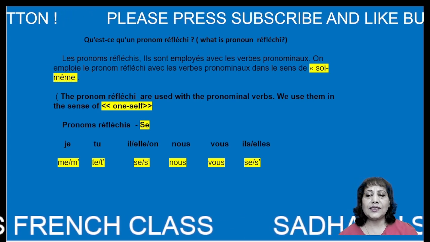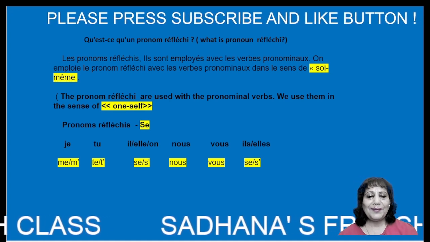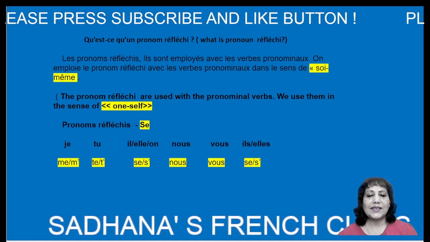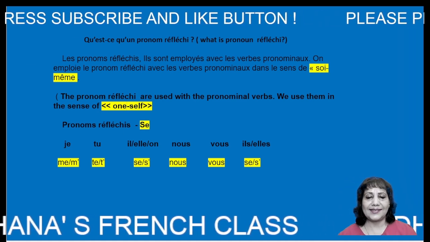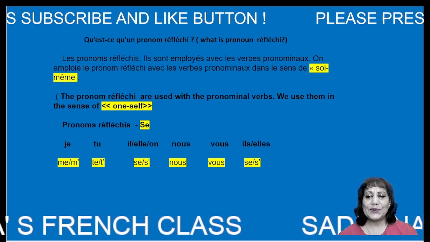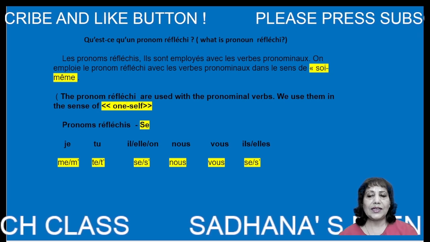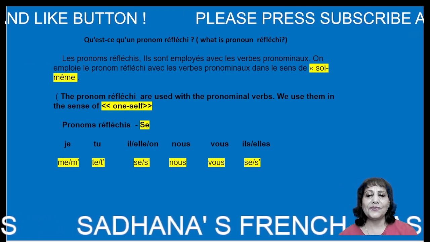So with je, this becomes me, or m apostrophe if the verb starts with a vowel or h. Otherwise, me, te, se, nous, vous, se.